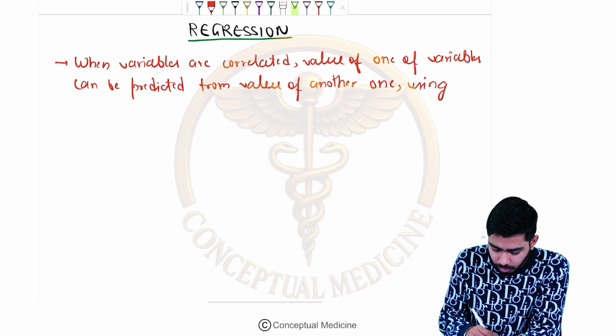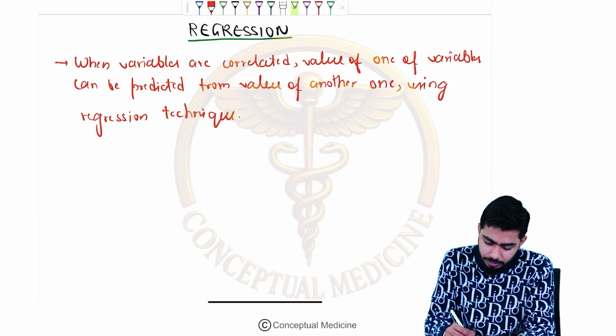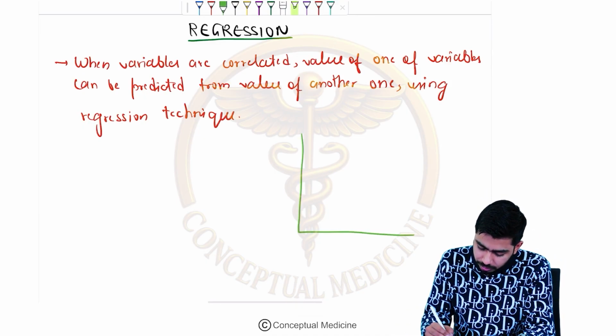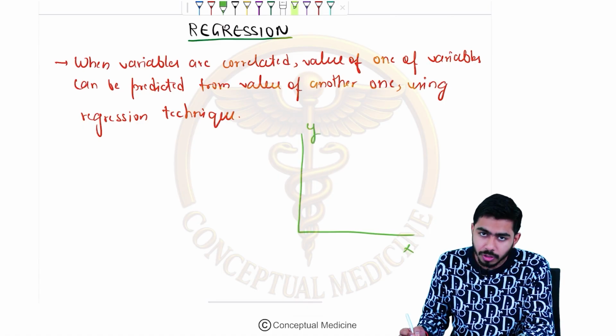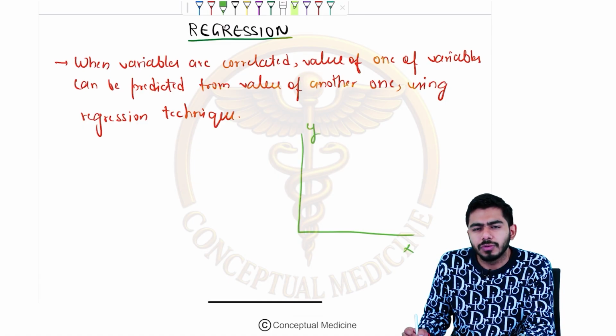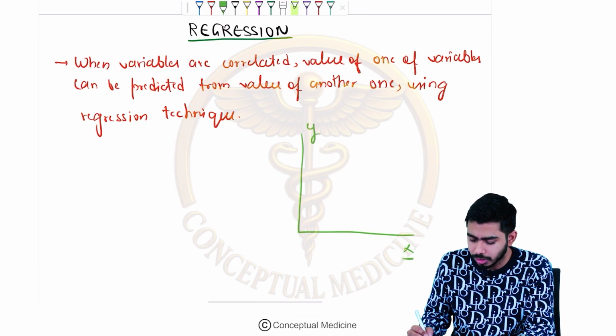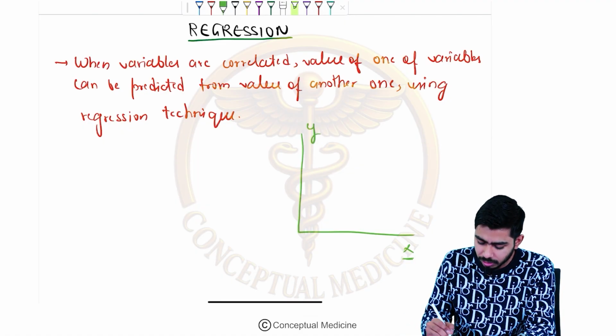So using which technique over here? Using the regression technique. So that is basically regression. For example, if this is the graph, this is the y-axis, this is the x-axis. In the correlation I told you about the coefficient of determination, where I told you that if x is changing, then we can anticipate the change in y.